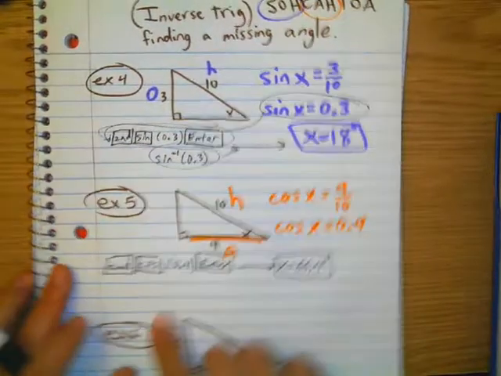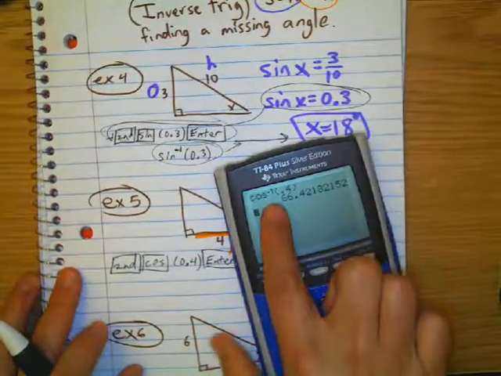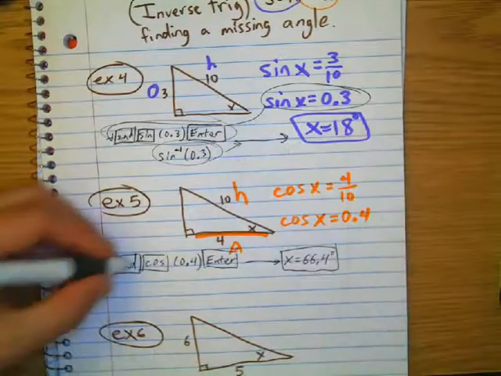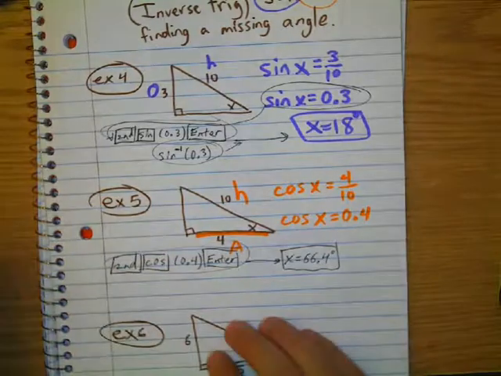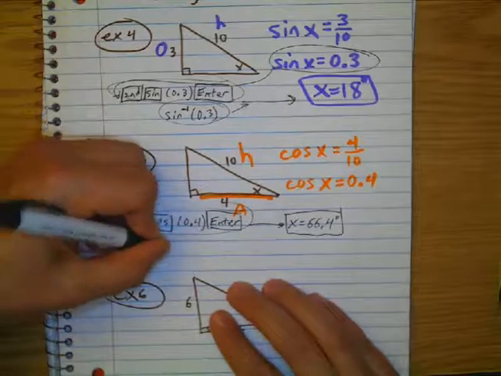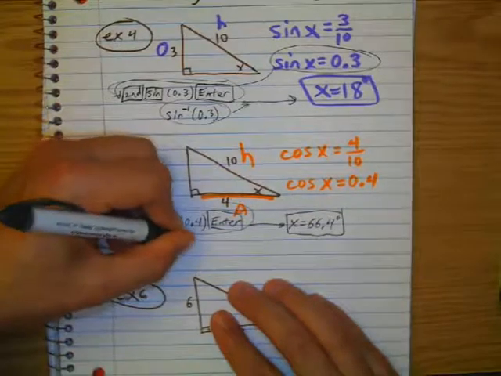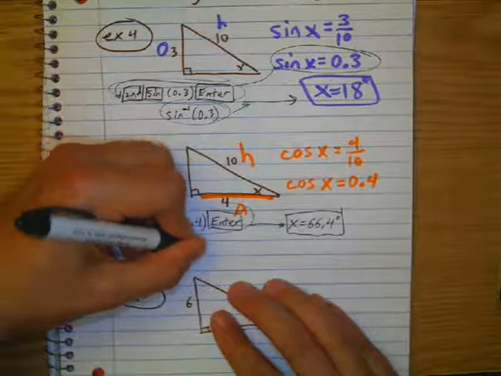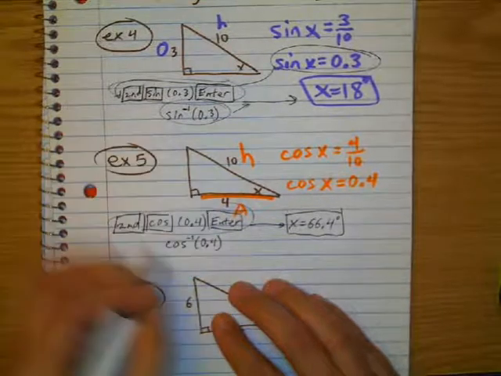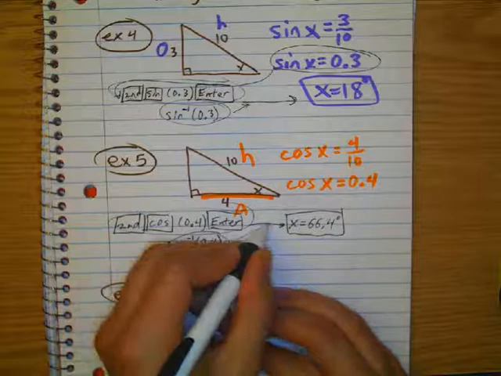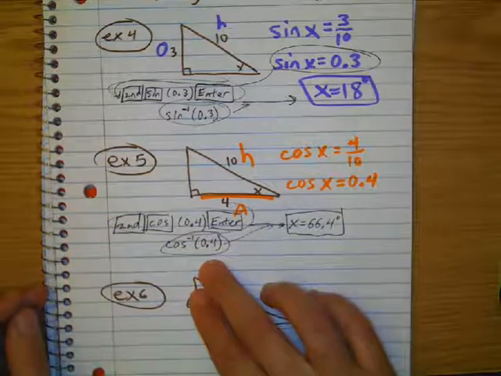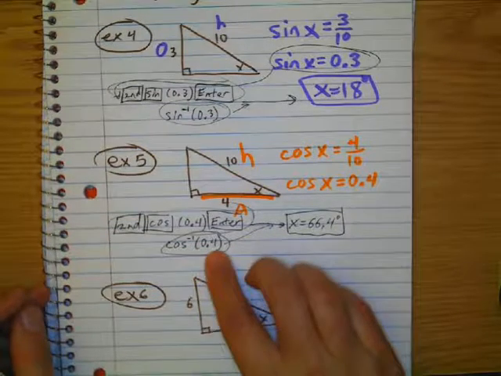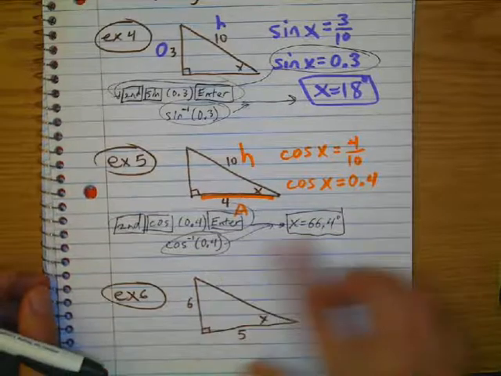And when you saw this on the calculator, it looks like this. So when you type in this, it shows up as cosine with this little -1 exponent thing, 0.4. And this means we're doing the inverse of the cosine of the ratio in order to figure out the angle.